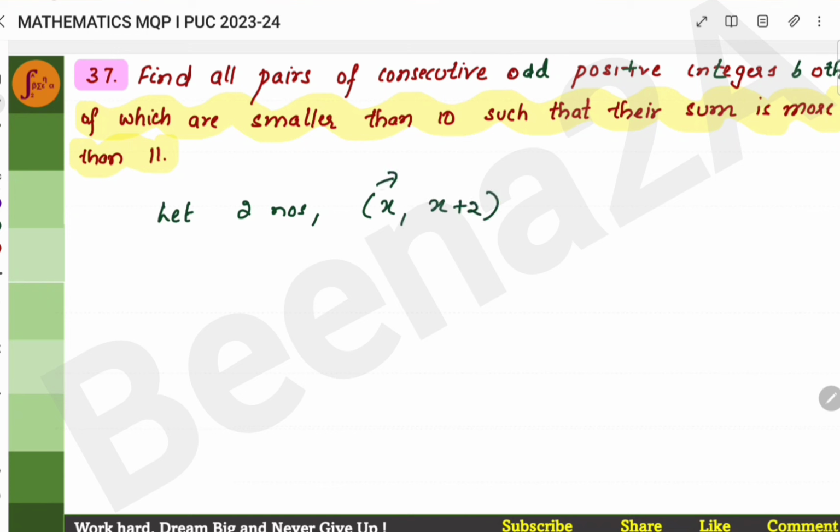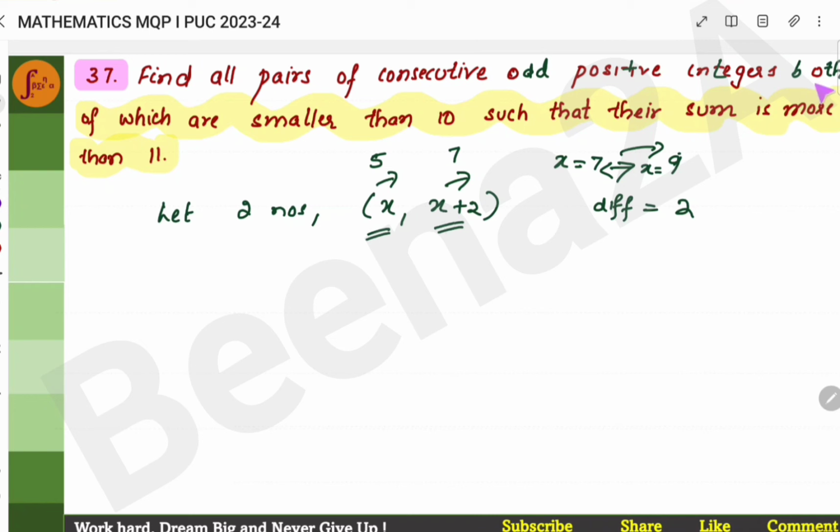Because if x is 5, for example, then the next odd number is 7. And if x is equal to 7, next odd number is 9. So there is a difference of 2 from the first number to the next. So we assume the first number is x and the second number is x plus 2.